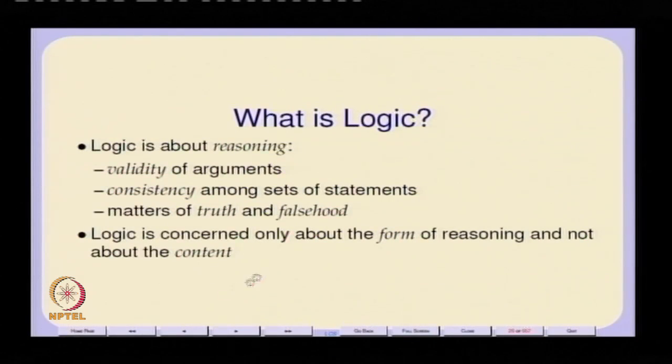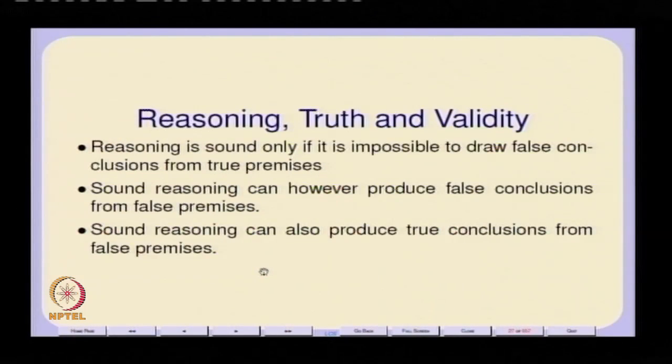And then we also spoke about reasoning, truth and validity, and we went through many examples where there were fallacious proofs, and we have shown how you can sometimes derive false conclusions from true premises, and on the other hand, even with sound reasoning principles, you can produce false conclusions from false premises.